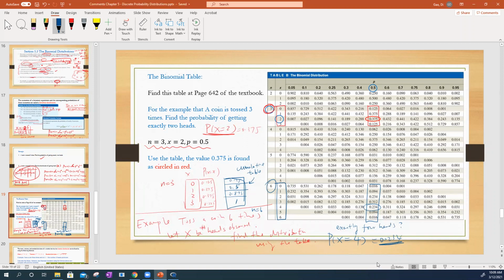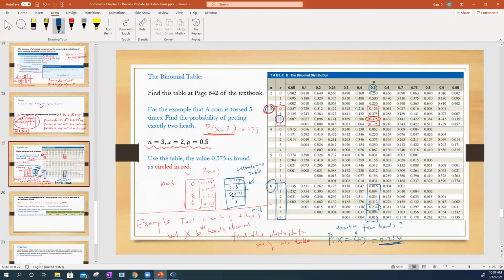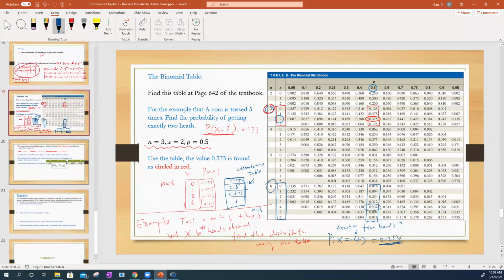But sometimes using the cumulative table might be faster or easier to read. It just depends. We will not introduce more about it here. If you want to know more, watch that video on Blackboard.